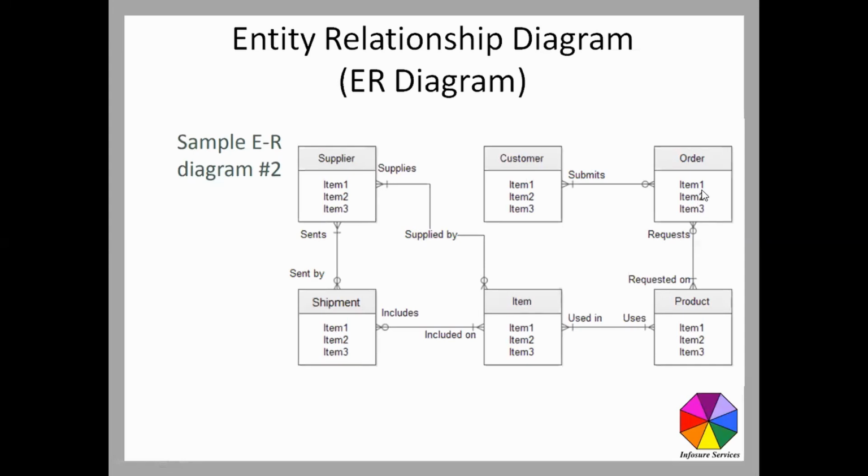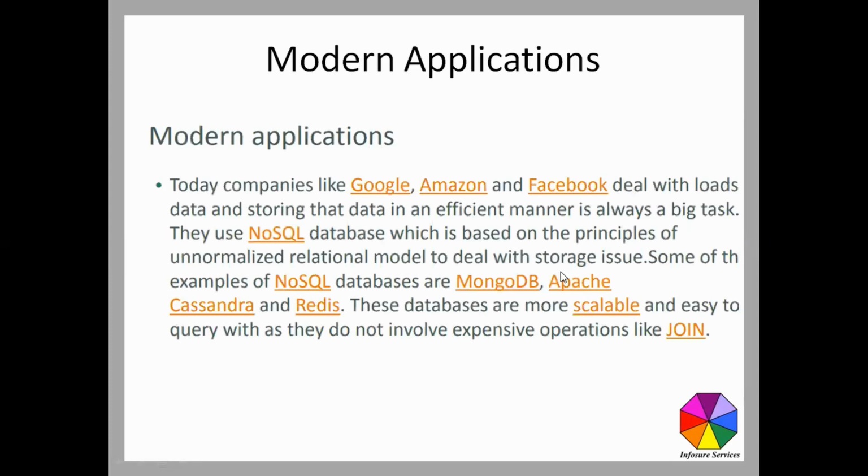When you make joins, think of it like this is a million record table, and this is again a very large, thousands of records table. The supplier, probably there are 3,000 plus suppliers, and there are about millions of shipment lines. So when we join these things, it is an expensive query operation, to fetch by joining the records. So that's what they mean by NoSQL databases do not involve expensive operations like join.